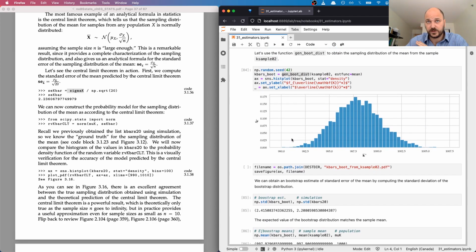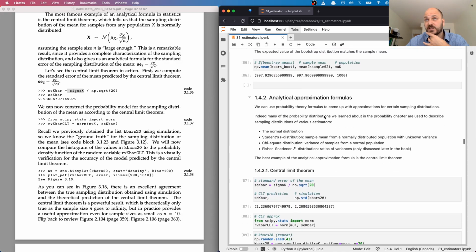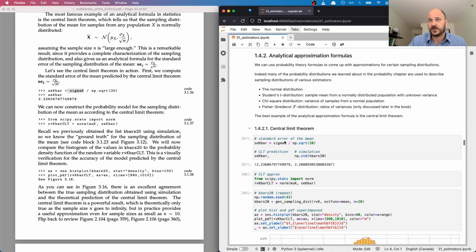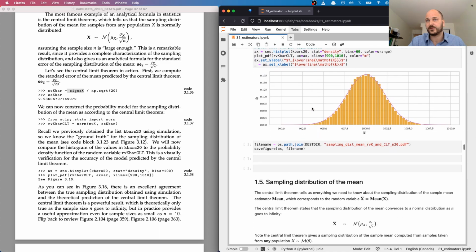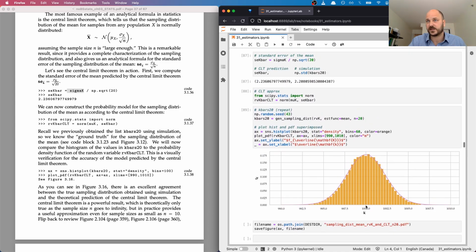You can use the bootstrap for any distribution, for any estimator. For analytical approximations, we'll do a case-by-case basis. For the sample mean, we'll have one type of analytical formula. For the sample variance, we need another formula. For the difference between means, we need another one. But both give you ways to estimate the sampling distribution of estimators when you only have sample data.